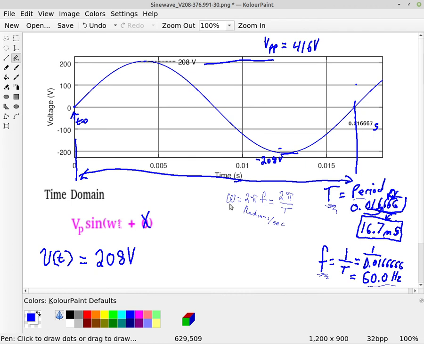And then we have radians per second. Now remember, when you talk about generating electricity, you effectively have a coil of wire on the top and the bottom, and then you have a magnet in here.